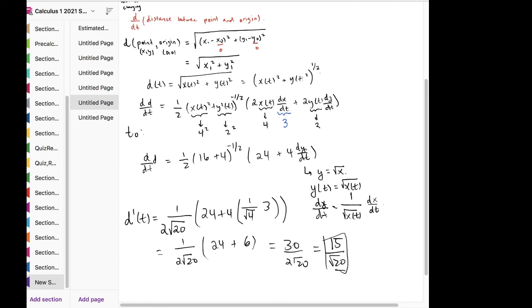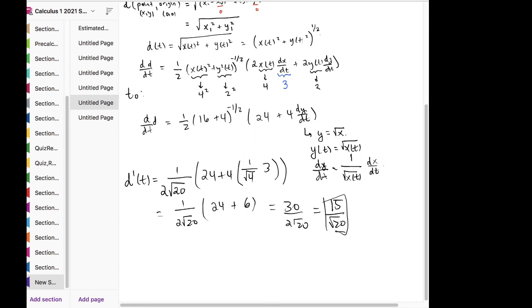So if you wanted to rationalize, like good students, you have that, which simplifies down to, what is that? 3 radical 20 over 4. Okay, and this is at some point t.